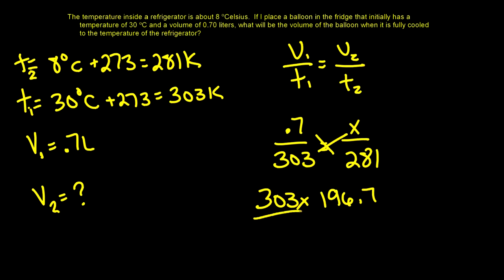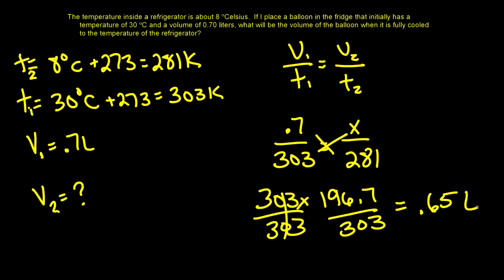I divide by the value with X, so 303 cancels. 196.7 divided by 303, and I get 0.65, but I need a unit. Since I'm looking for volume, and my original volume was in liters, that makes this also liters.